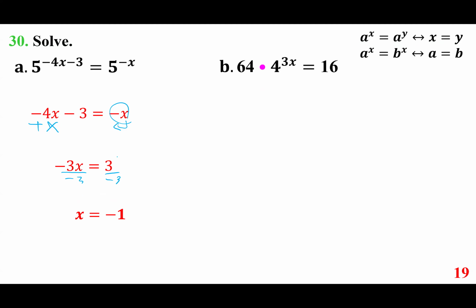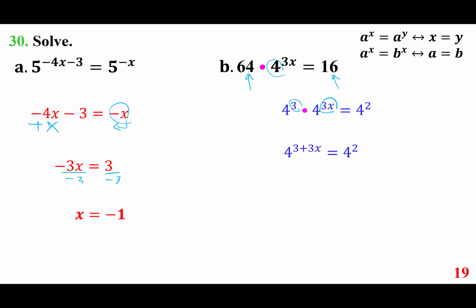What about this? Okay. We either have to come up with the same base or the same exponent. I hope you recognize that if this is the base 4, this one we can change to base 4. This one we can change to base 4 as well. 64 is 4 cubed, 16 is 4 squared. So the right side remains unchanged. The left side is 4 to the power of the sum of those two, according to the exponential rules.